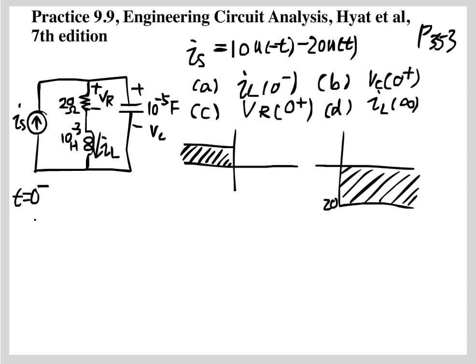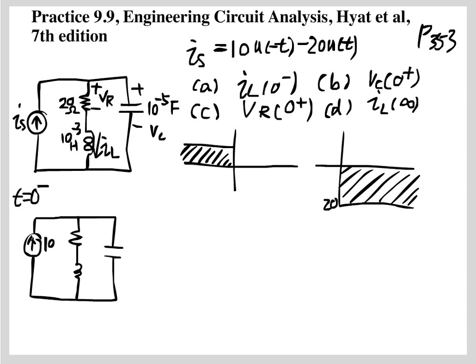So at t equals 0 minus, the circuit looks like this. You have a 10 feeding into something that looks like this.